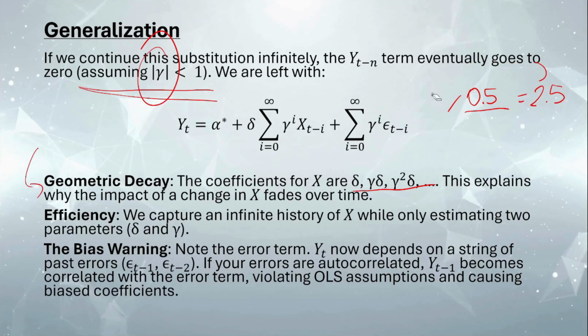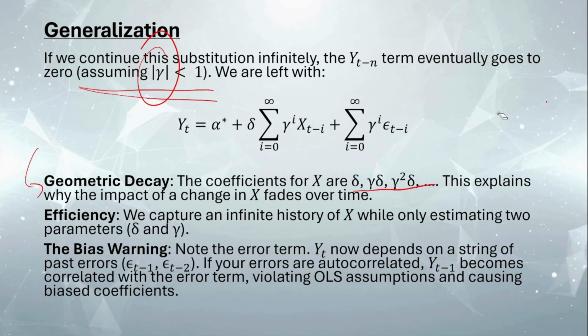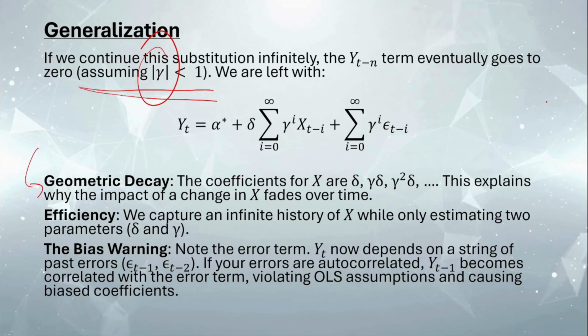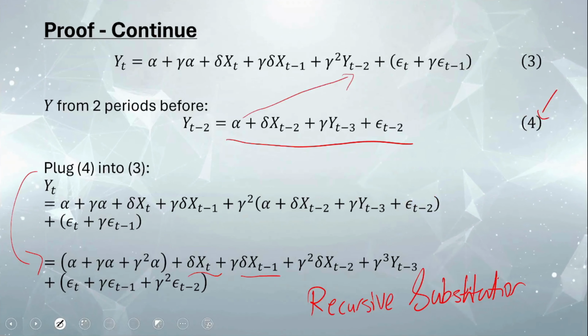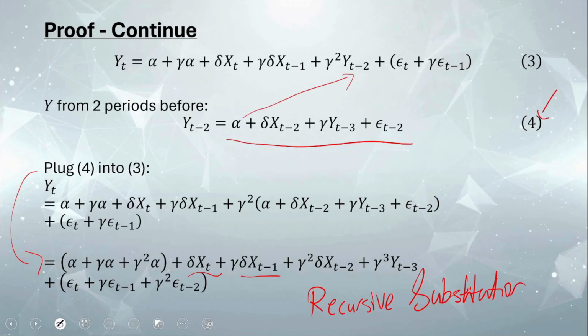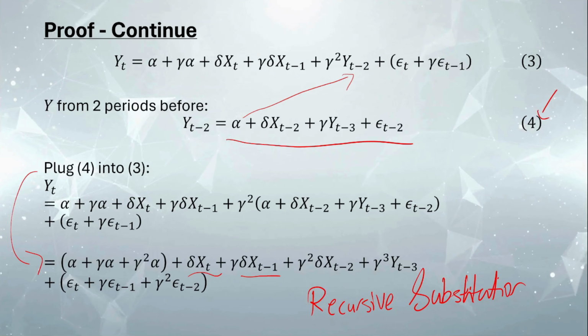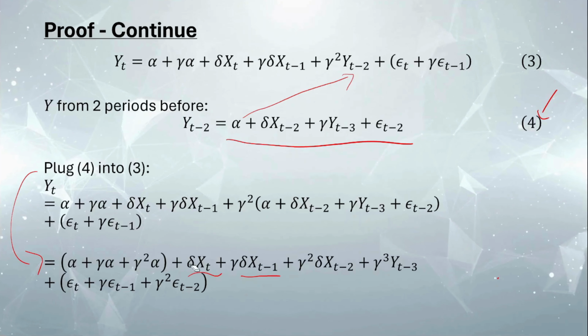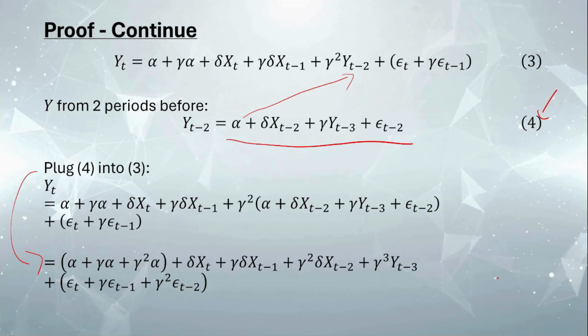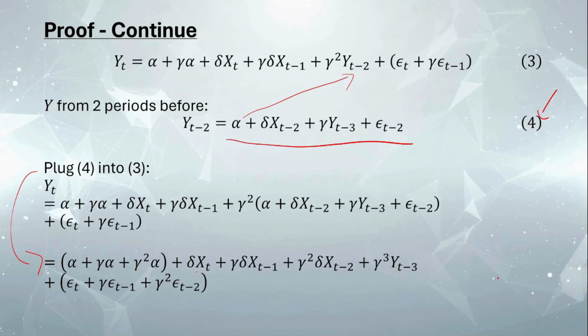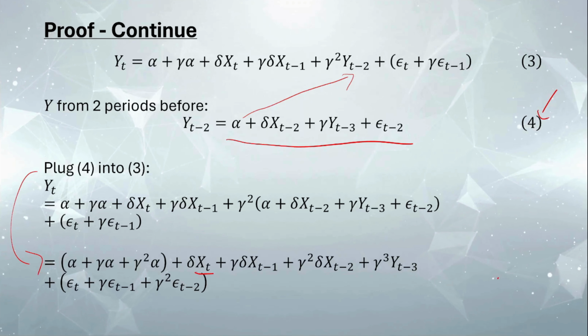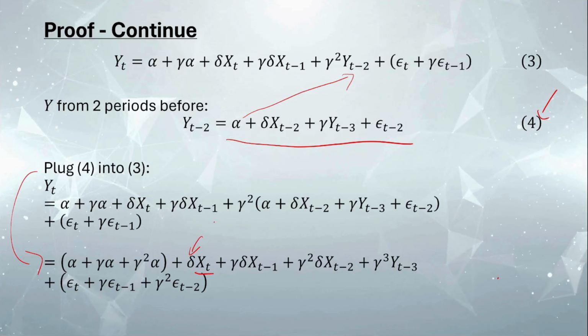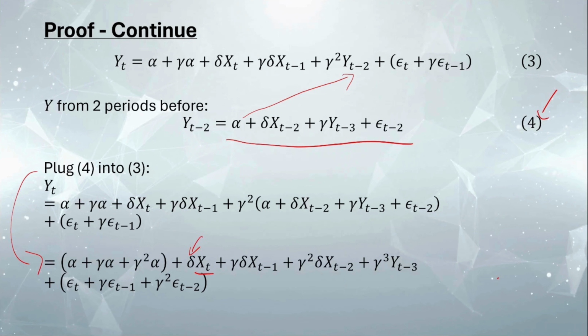Now, let me show you what this actually means. This part here is very important. So let's look at this last equation here. As you can see, say we have x and we have some delta here.